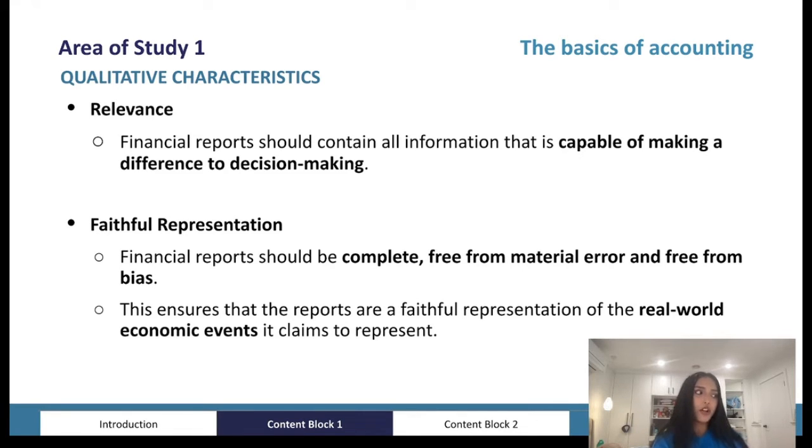For example, they want their profit to be higher, or they want more assets in the balance sheet, because obviously with a higher profit and more assets, their business will look better. Especially, for example, if the business is trying to get a loan, then the owner wants the business to appear in a better position because they'll be more likely to get that loan, or they'll be more likely to get a bigger loan. So that's just one example.